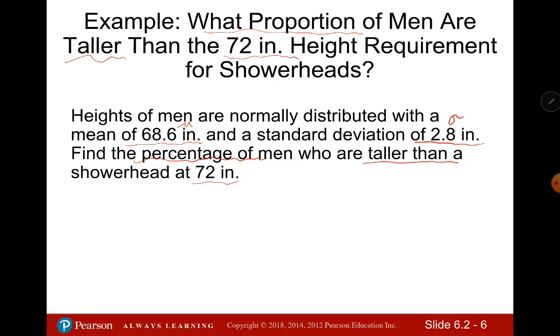If we translate the words into the symbols, we find the probability x value is taller than 72. If we use the symbol, we will write: probability x value is greater than 72.